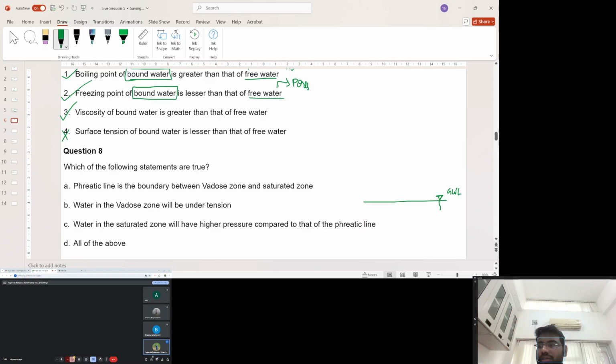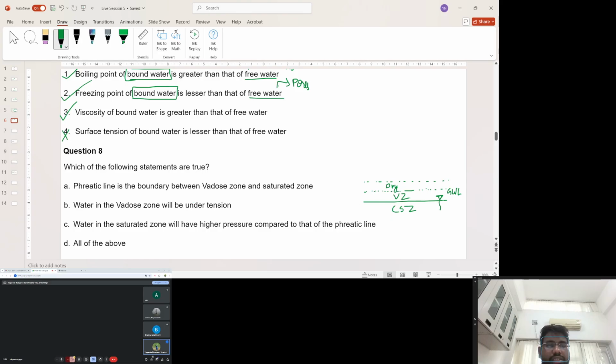Above this, up to a certain point, it will be a partially saturated zone, which is known as the Vadose zone. This is the completely saturated zone, and above that it will be a dry zone, or sometimes it will have hygroscopic moisture, but it is considered a dry zone. So: dry, Vadose, and completely saturated zone.